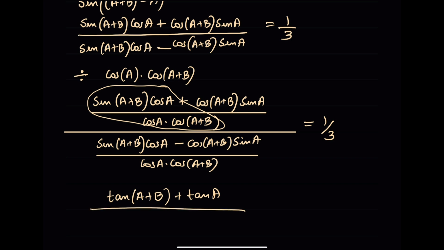Then this divided by, in the denominator we would have tan of A plus B minus tan of A. This is equal to 1 by 3.